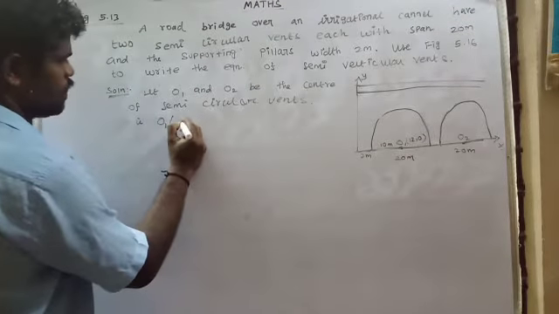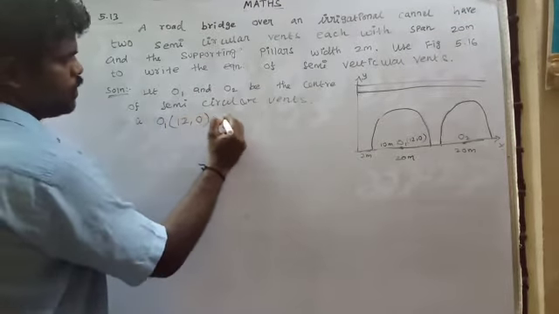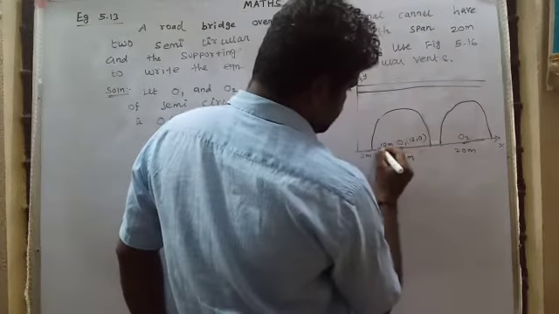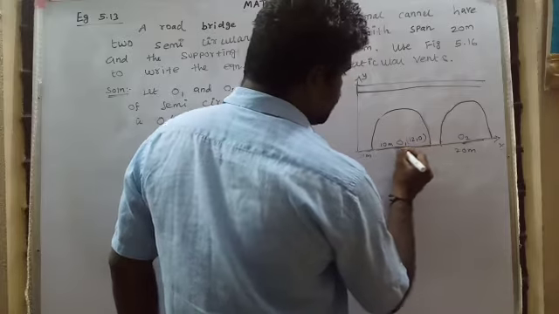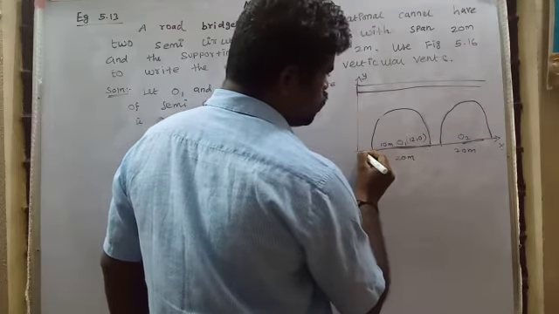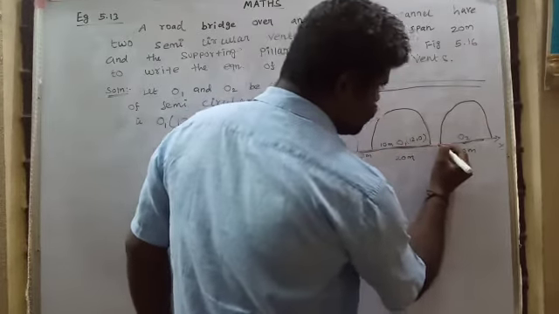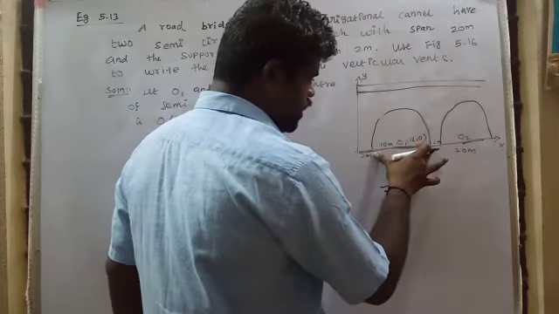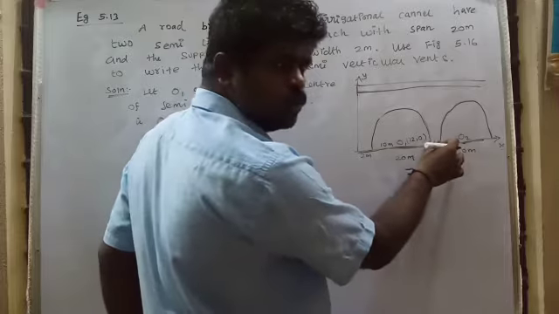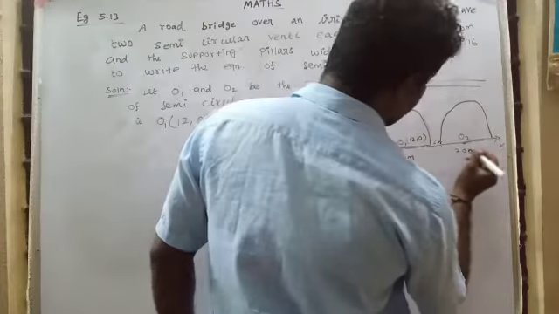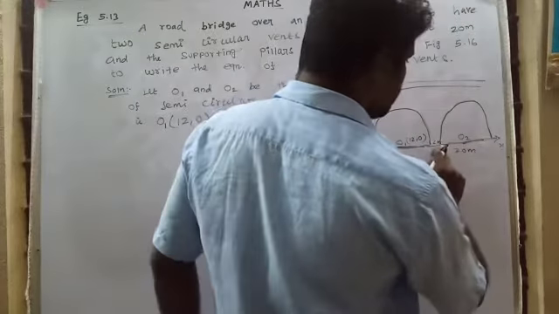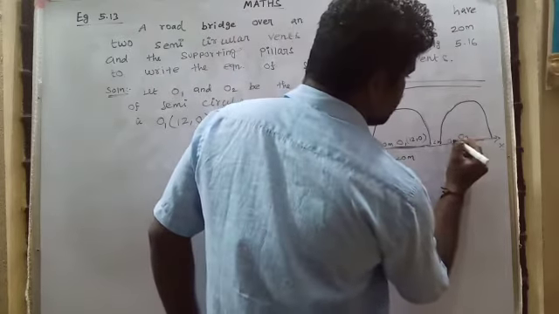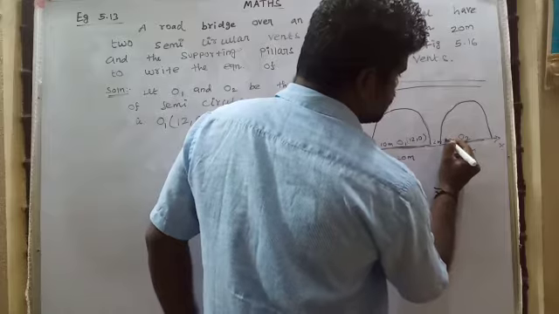Now O2. Here, this is completely 20, and this is 2 and this one is also 2, since the supporting pillar is 2 meters. So totally 24, and this length is 10 meters because this is the center.